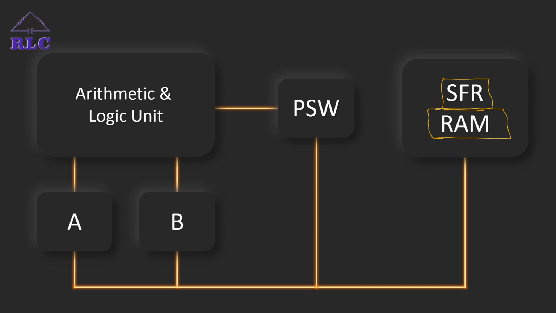Until now, we have been saying that the data are being stored in the RAM and ALU operations are going to be performed. A and B registers are going to help in arithmetic and logic unit operations. But what operation has to be done? It has to be intimated to the microcontroller. So the set of instructions, what has to be performed? Like you need to move the data from this location to this location, or you need to add the data between these two values.